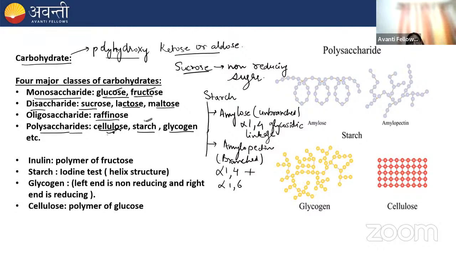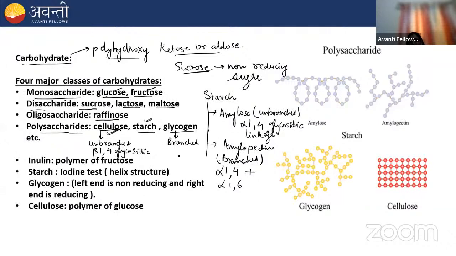Okay. Now next come to the cellulose. Cellulose is unbranched. Remember this. And the glycosidic bond is beta 1,4 glycosidic linkage. Glycogen is branched.